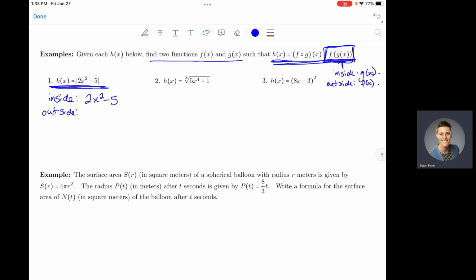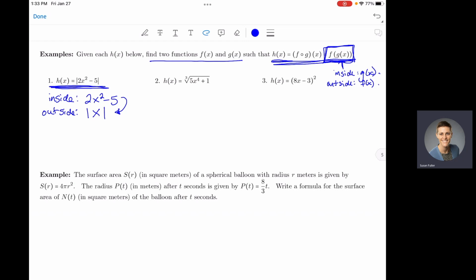The outside function that it is inside of is the absolute value, right? And if it's inside something like this, just go ahead and put an x in there so that when we take the inside function and plug it in for x, we get what we have to begin with.